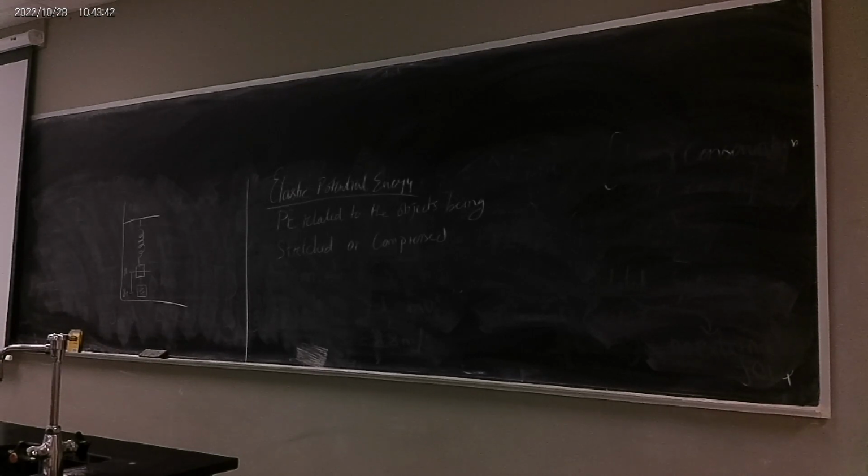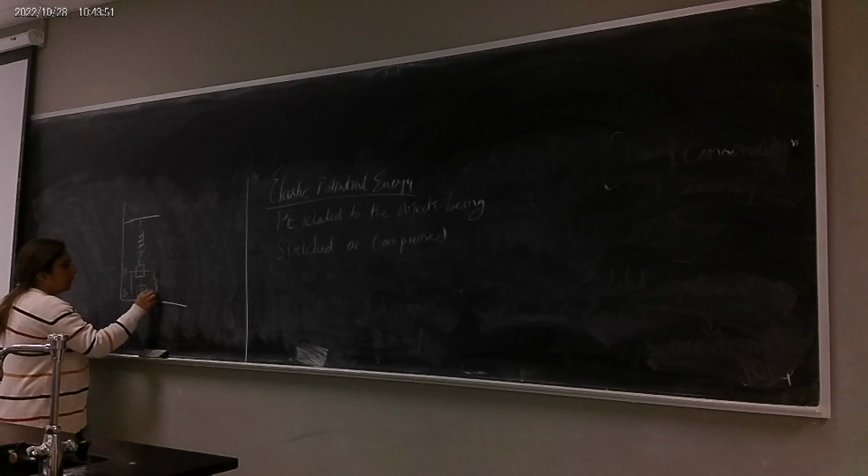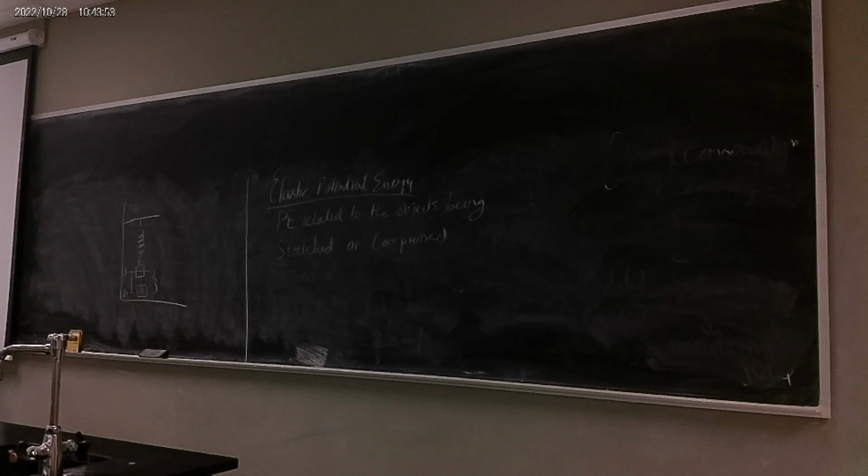But if you pull it down, it goes to a new final position, and you have stretched it, right? What happens if I take my hand away? The spring would go back up, right? This is our common observation. But does it go back up without any force acting on it?